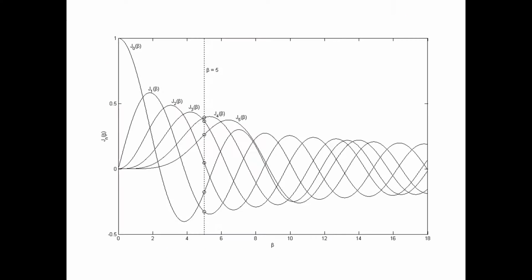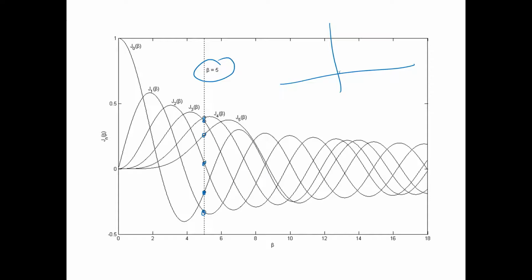Now for example, if we select beta is equal to 5, we will have different magnitudes of the Bessel functions for that. Let's say, for example, we have 5 impulse components.